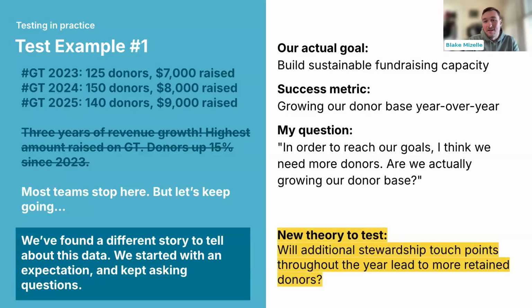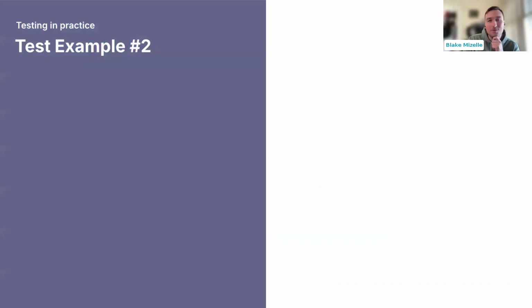And now we have a new theory to test. If I add some additional stewardship touch points throughout the year, will that lead to more retention? And maybe it's how I'm approaching donors in the interim. So already we've got something that we can immediately go and start pulling between, just A/B testing that.